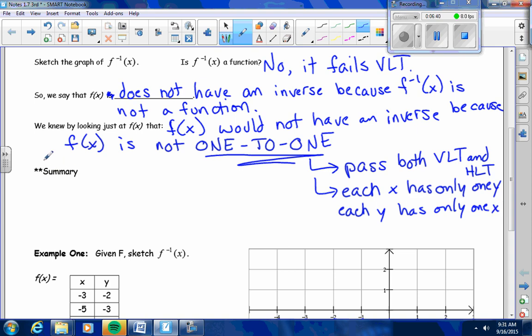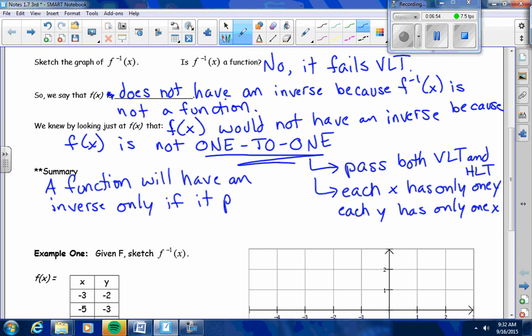So, as a summary, a function will have an inverse only if it passes both the vertical line test and the horizontal line test.